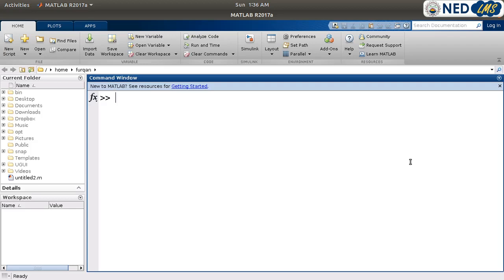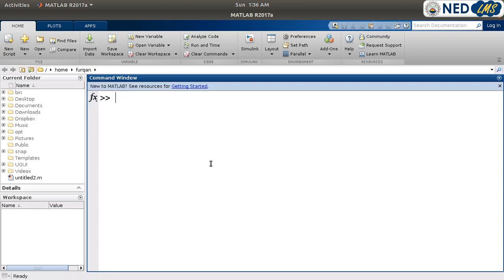So the procedure for executing an application is different here than in Windows. In Windows, you can easily open the MATLAB application by double-clicking the MATLAB icon present on the desktop. Here is the MATLAB application.